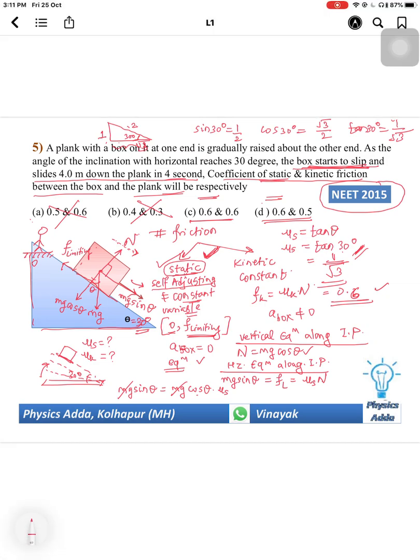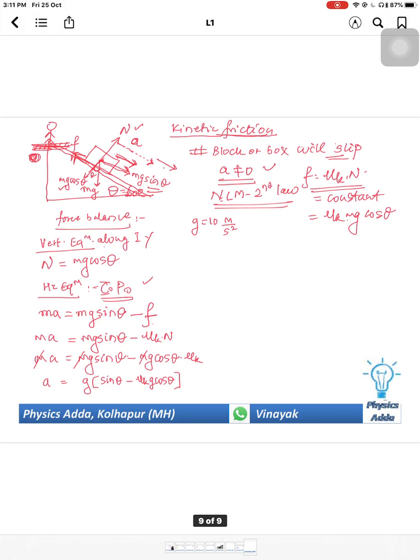The box starts to slip and slides 4 meter down the plank in 4 seconds. So it means that it will slip by 4 meter in 4 seconds. Initial velocity is 0, right? Time required for covering a displacement of 4 meter is 4 seconds.